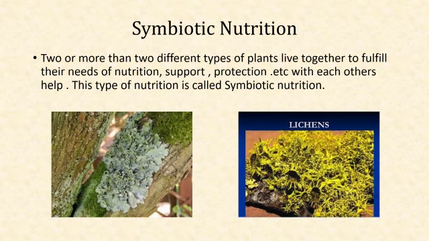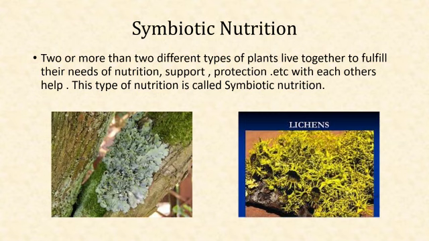Symbiotic nutrition. It is a relationship between two organisms in which they share their nutrition and shelter. Some fungi grow around roots of some other trees. The plants on which the fungi are growing provide nutrients to the fungi, and in turn the fungi supply water and minerals to the plant on which they are growing.